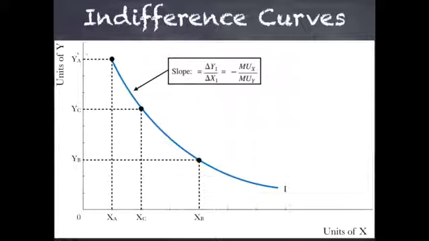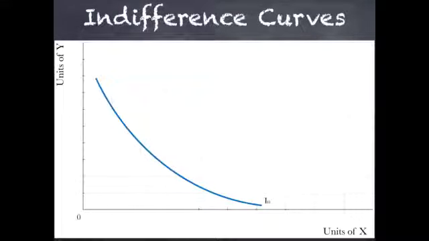So remember that the indifference curve is downward sloping and it's a curve like that. Any points on the same indifference curve yield the same utility, and the slope of the indifference curve is negative the marginal utility of the good on the x-axis divided by the marginal utility of the good on the y-axis.